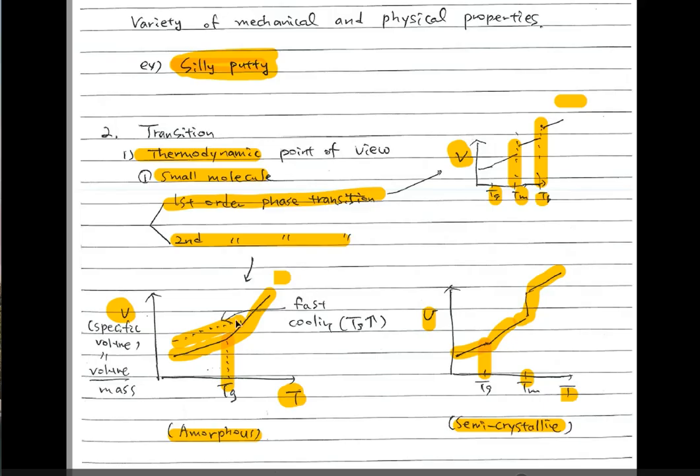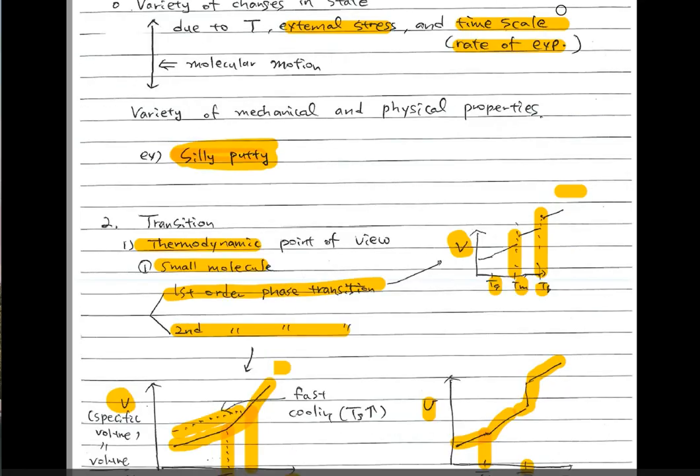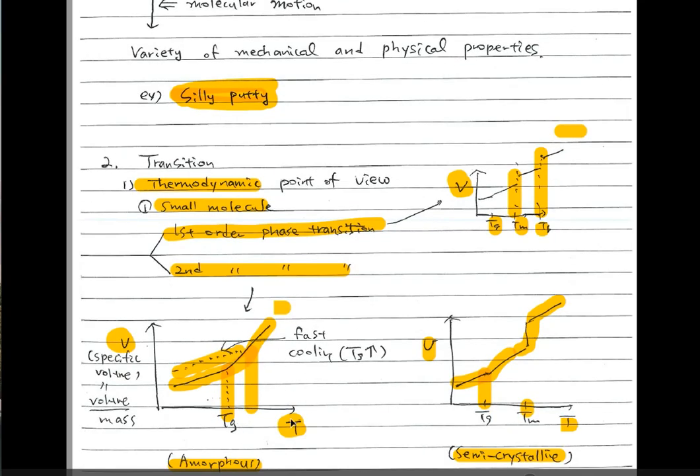But at fast cooling, Tg is here. Tg is increased. Although we are measuring the same material, by changing the cooling rate, this time scale or rate of experiment, the measured Tg is different. It's very interesting behavior.